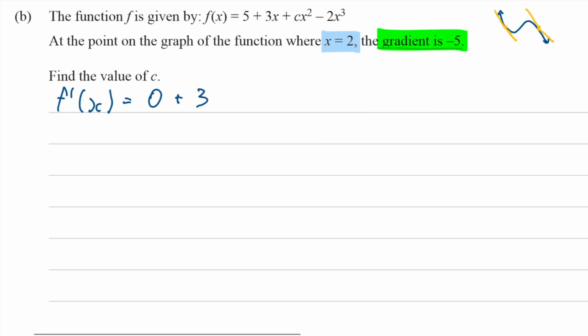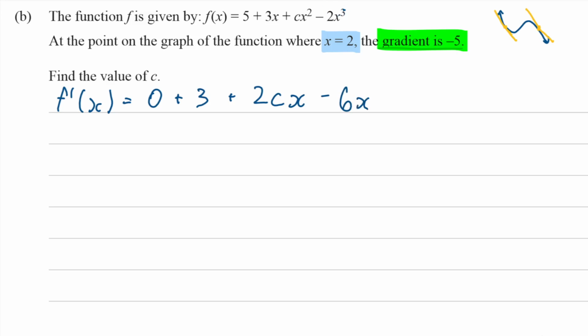The derivative of cx squared, we take the power 2, multiply it out the front to give 2 times c, and then we subtract 1 from the power. So 2 minus 1 gives 1, which we don't need to write. And finally, minus 2x cubed, the power of 3 multiplied out the front gives minus 6.